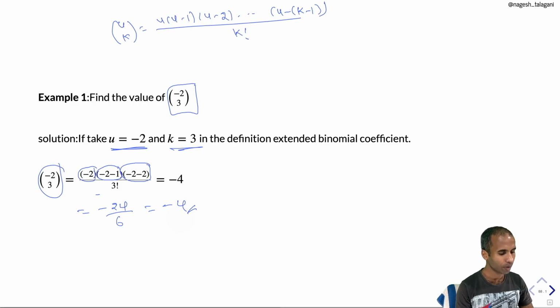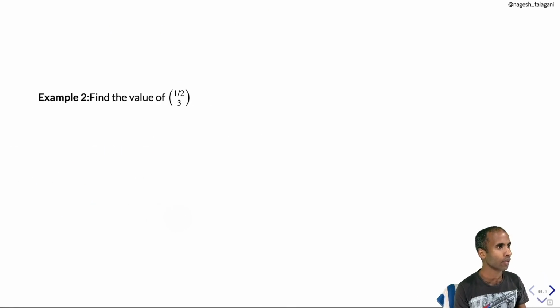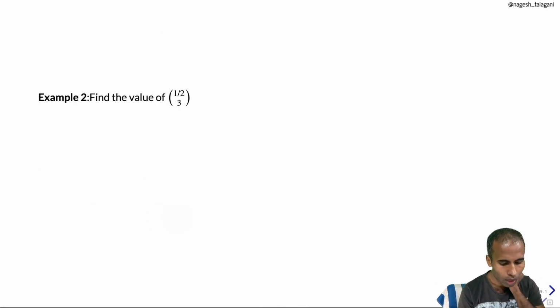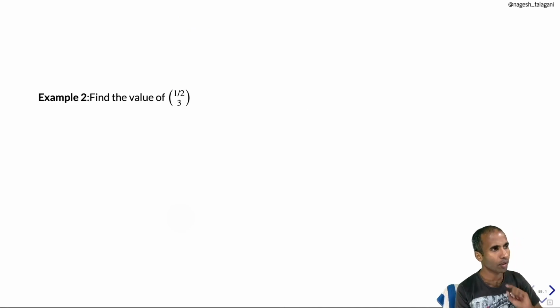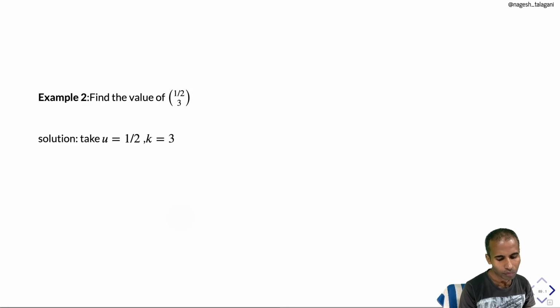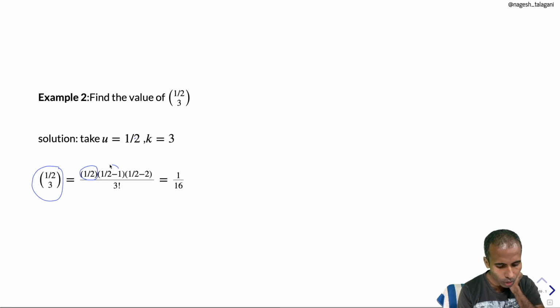Next, find the value of choose 3. Here the top parameter u equals the given value and k equals 3. So again, choose 3 is going to be the value into the value minus 1 into the value minus 2, by 3 factorial.